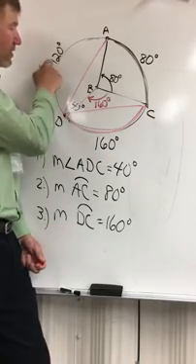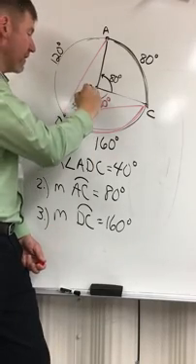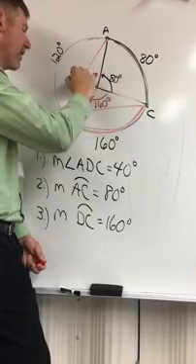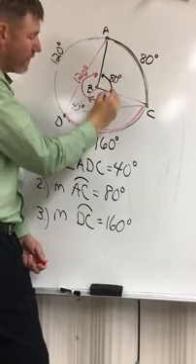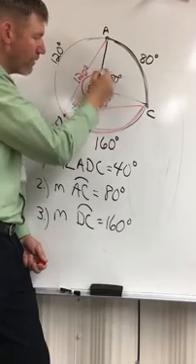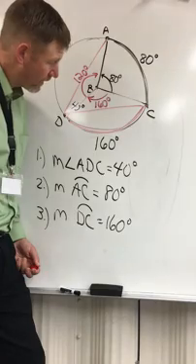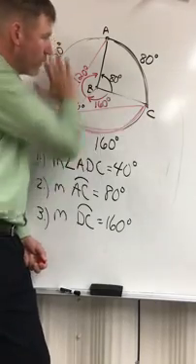Okay? Also, this 120 degrees out here means this central angle right here is 120 degrees. And if you add this up all the way around the inside angles, that should add up to 360. Okay? So that's kind of what all this means.